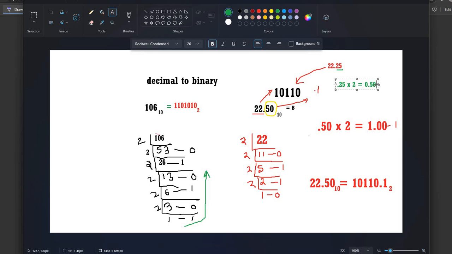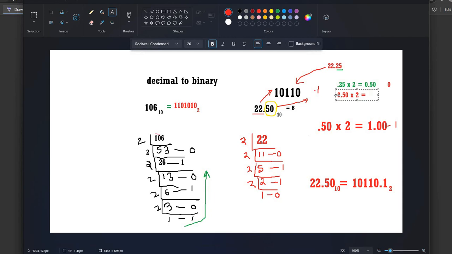So here you will write 0. Again, we have to multiply it again, 0.50 into 2.